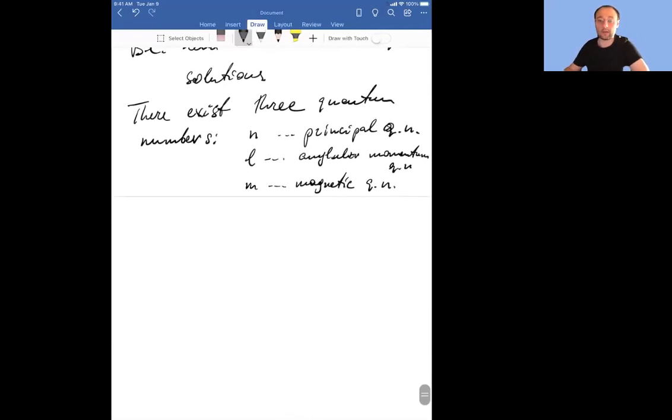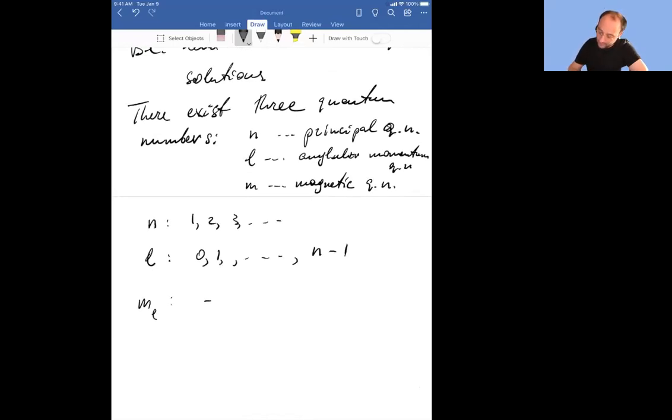I will just state the rules for you. n can be 1, or 2, or 3, and so on. L can go between 0, 1, 2, up to n-1. And the magnetic quantum number depends on L, so often they put a subscript.